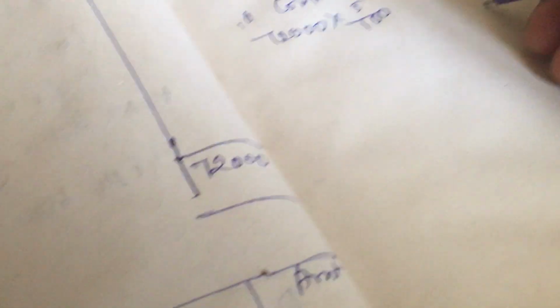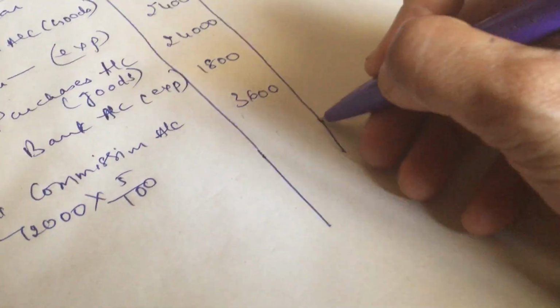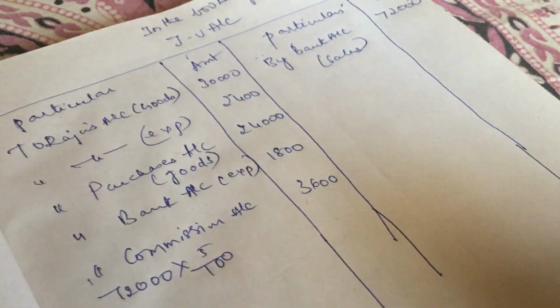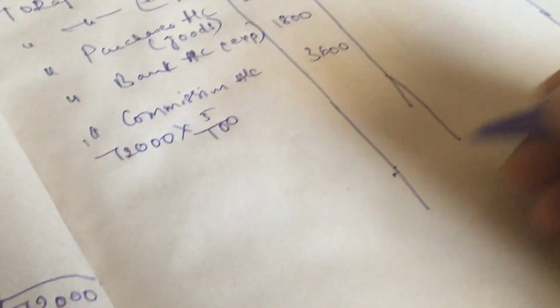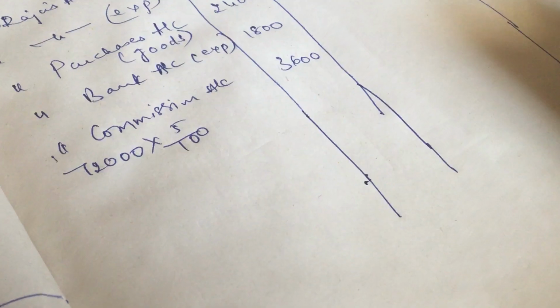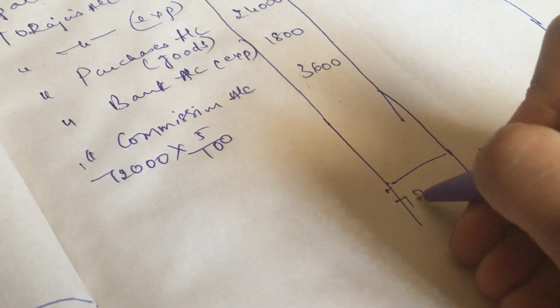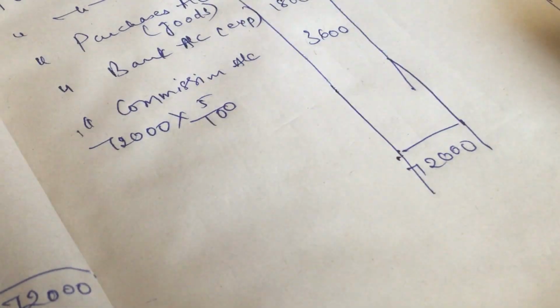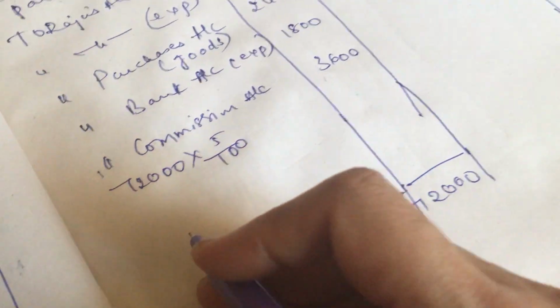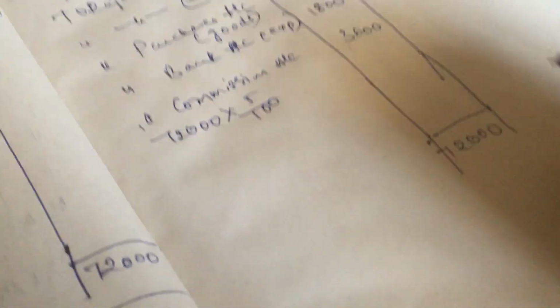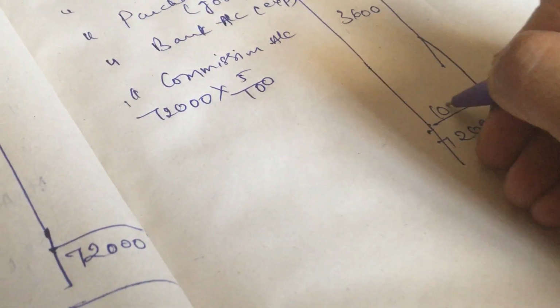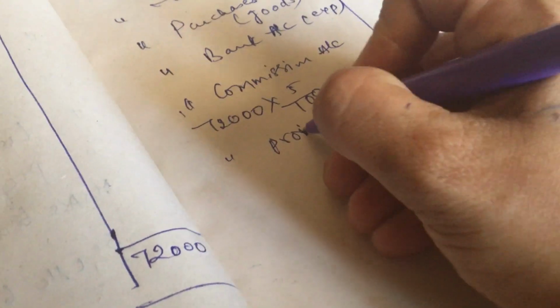Now if you total, your credit side is higher, that is 72,000. By share in profit, the profit you are getting is 10,200, to profit on venture.